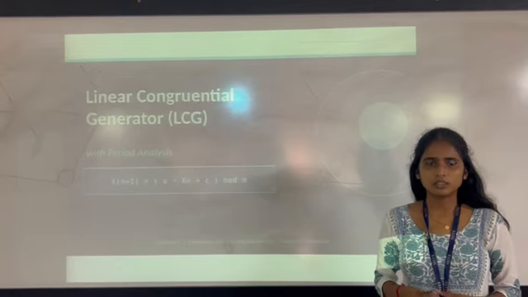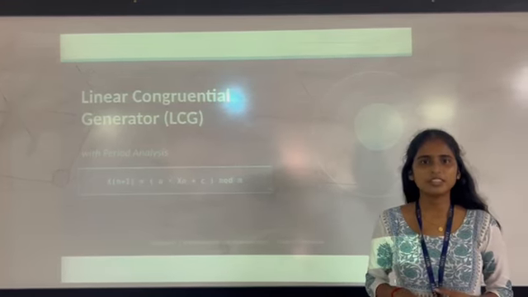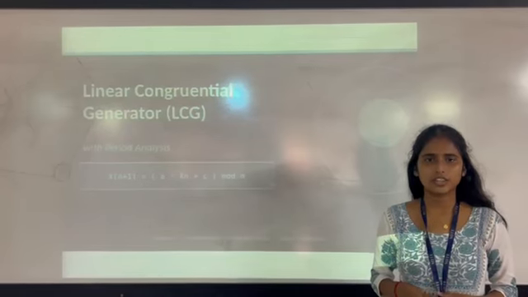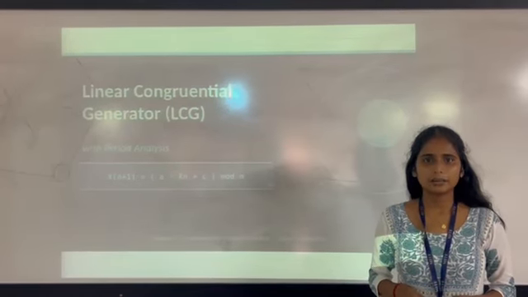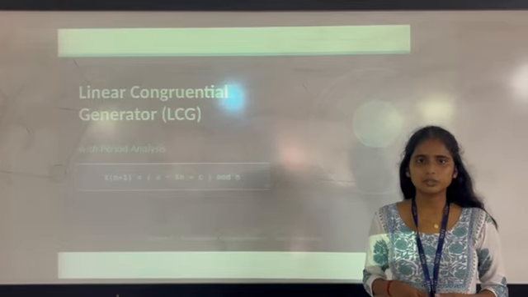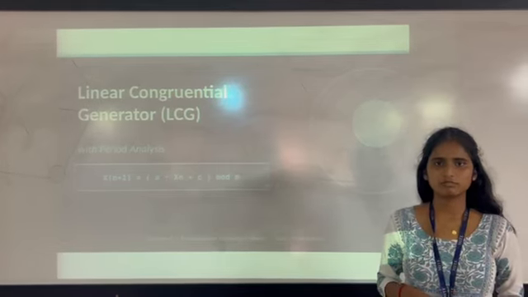So our main goals are to generate pseudo-random sequences, to analyze the period of the generator, to find parameters that give a full period, and to test randomness using statistical methods.